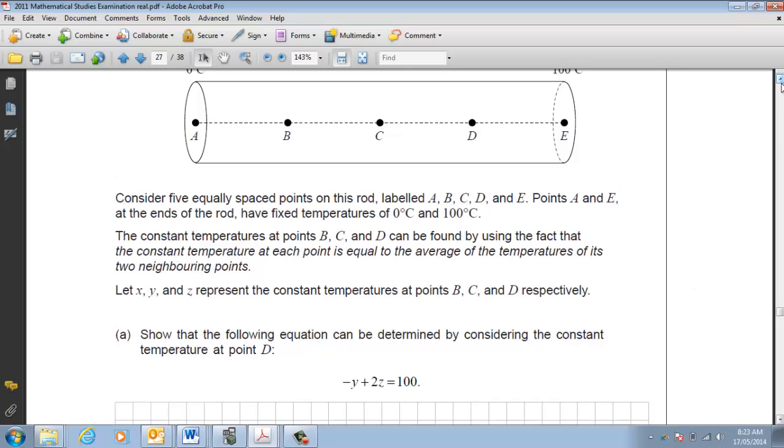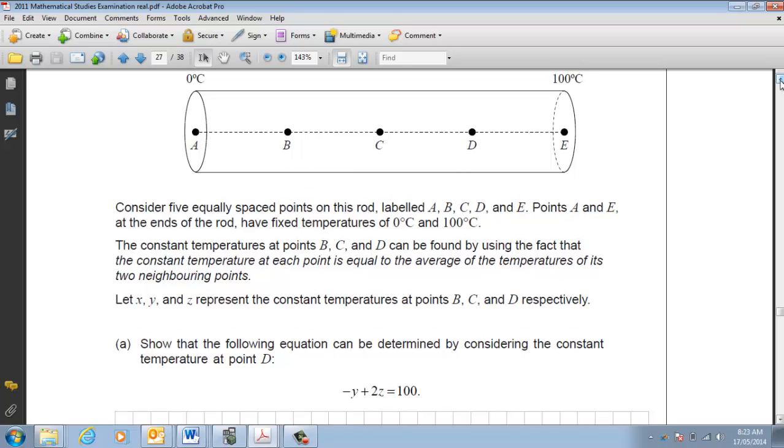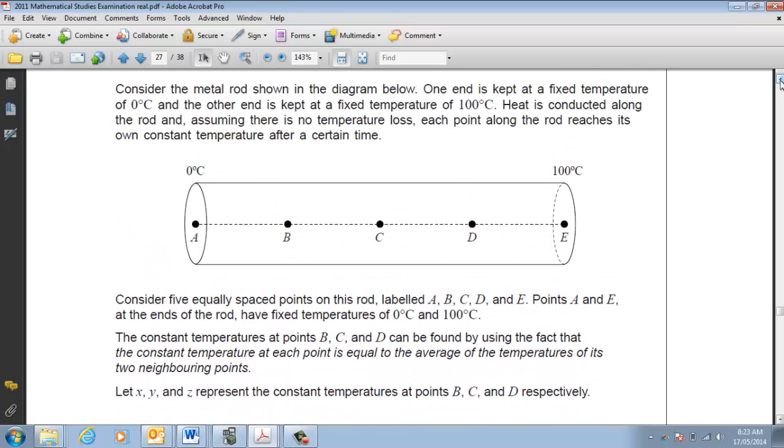So what's the information that you've got there? The constant temperature at points B, C and D can be found by using the fact that the constant temperature of each point is equal to the average of the temperatures of the two neighbouring points. It's telling you what to do there.